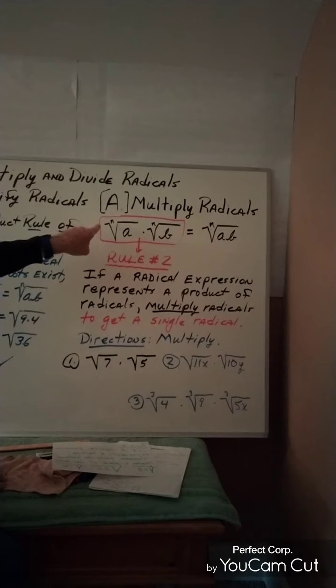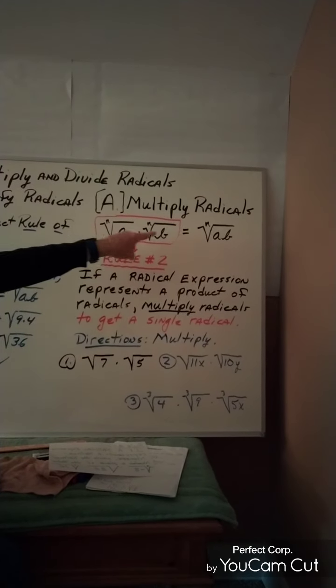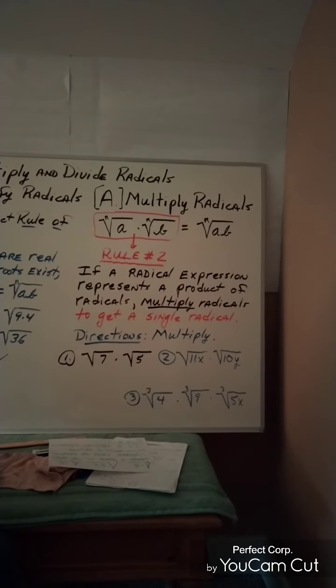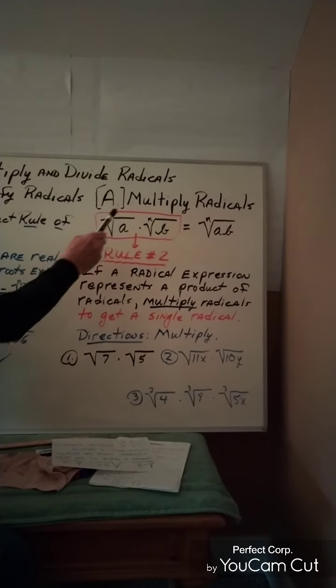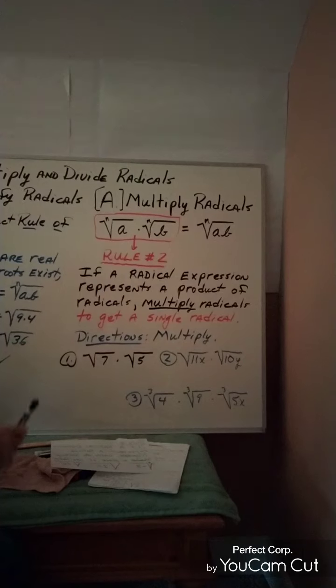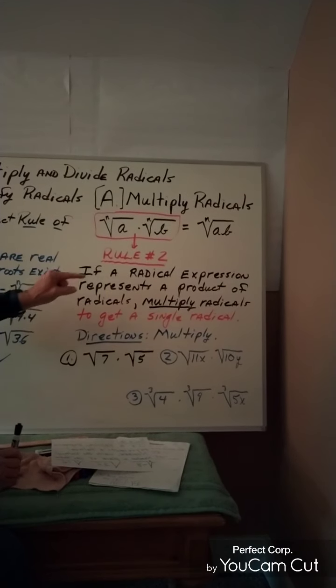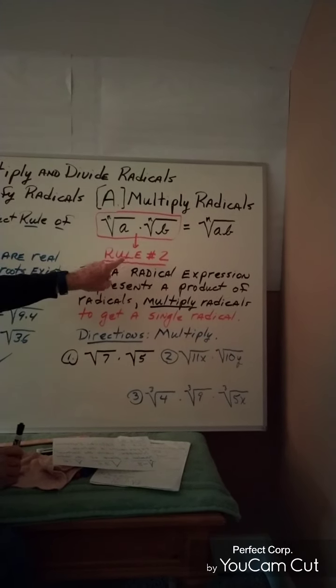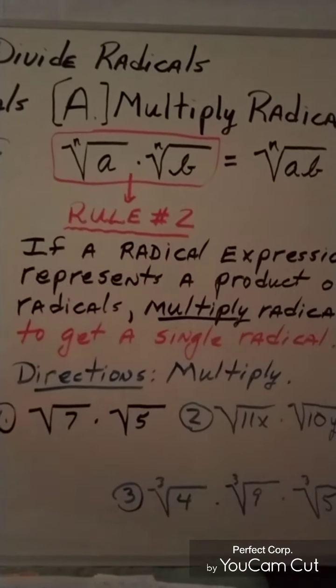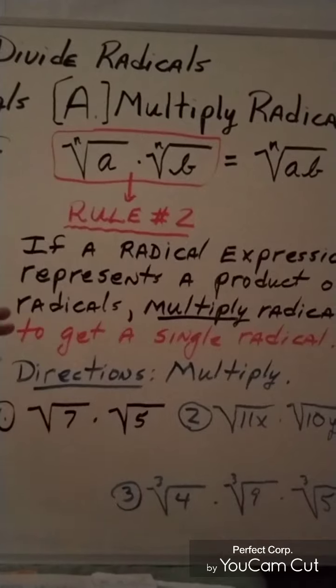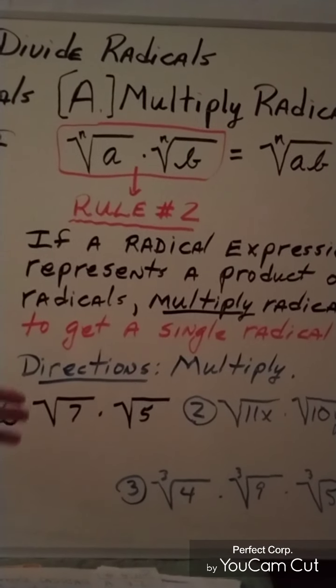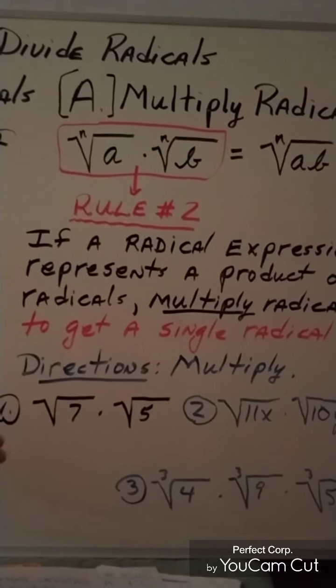I just rewrote that property rule right up here again. I'm not going to repeat it. I've just written it right back up there again. To multiply radicals, that is going to lead us to rule number 2. Now, folks, remember at the very beginning of this video, I replayed rule number 1 from 9.1.